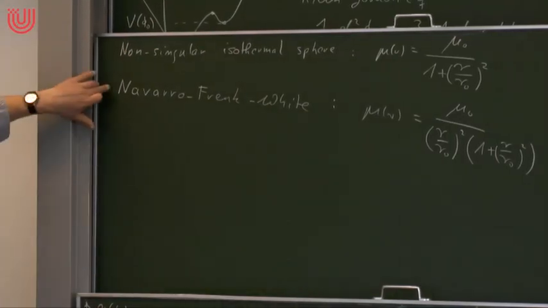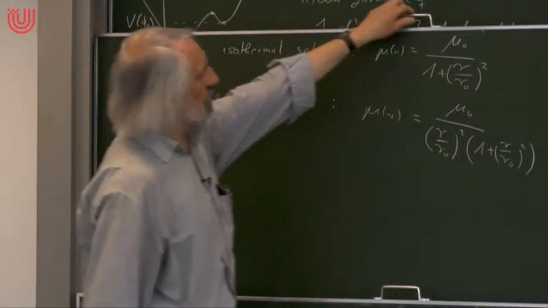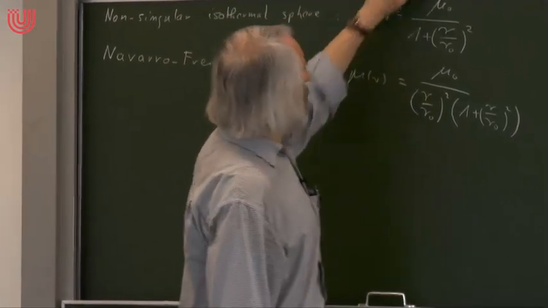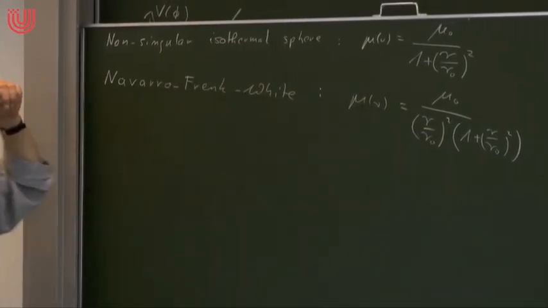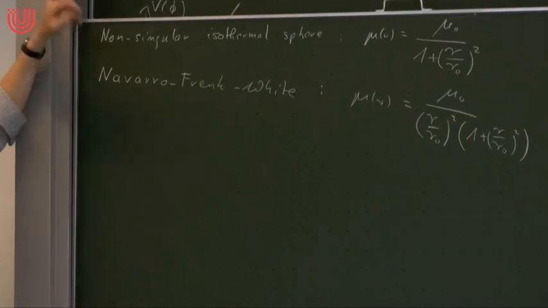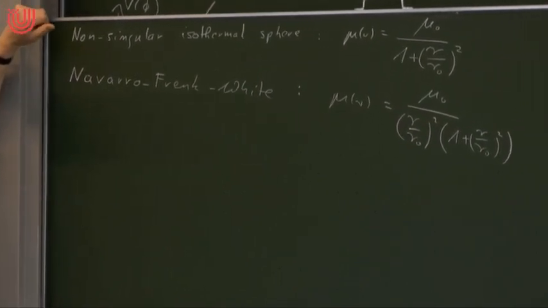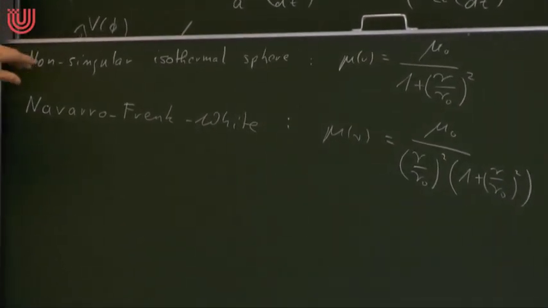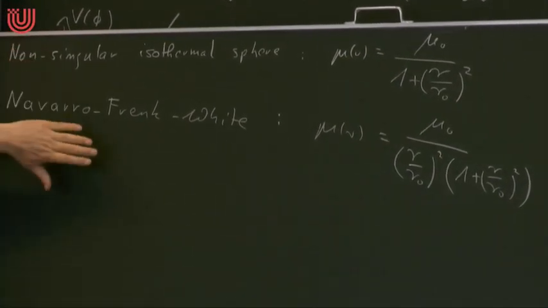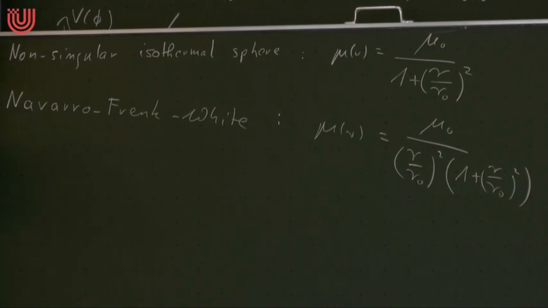This also came out of certain numerical simulations with n-body systems, and it works surprisingly well in order to explain the rotation curves of many galaxies and also of galaxy clusters. So it is used not only for galaxies, but also for galaxy clusters. So this is the most frequently used profile for dark matter density at present.